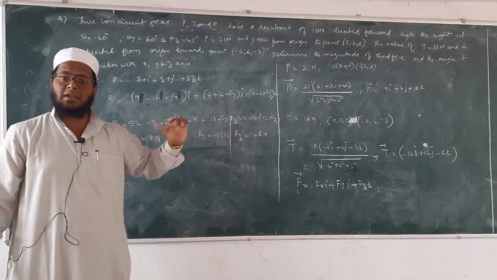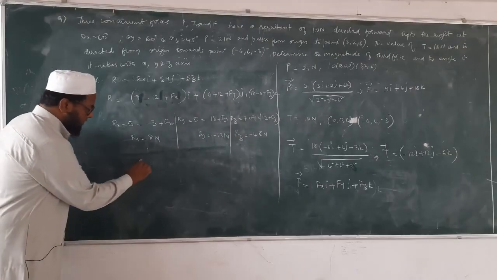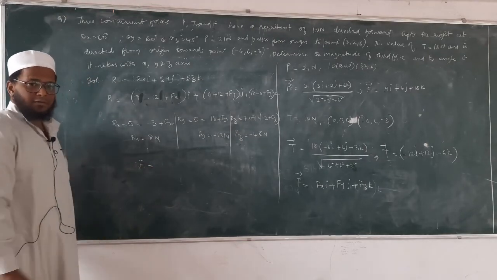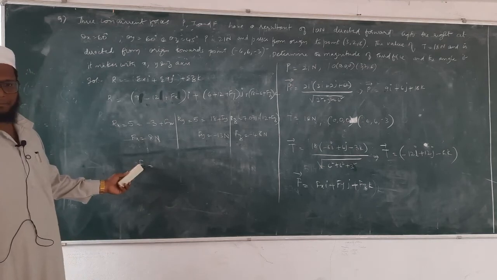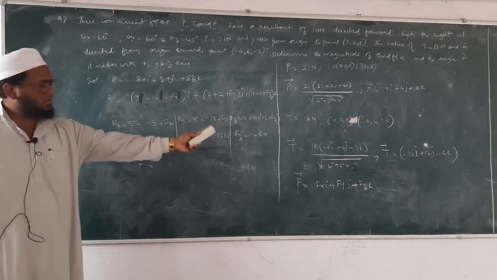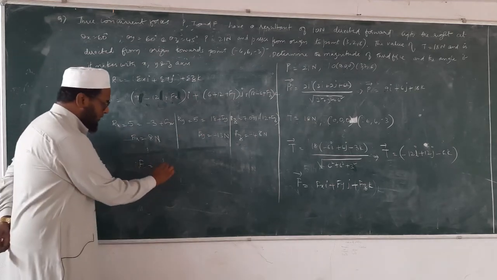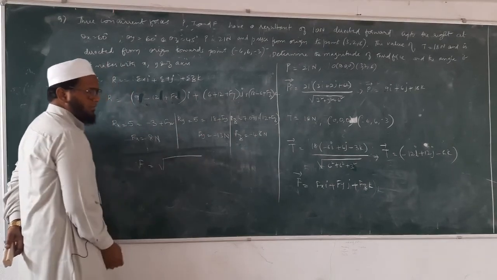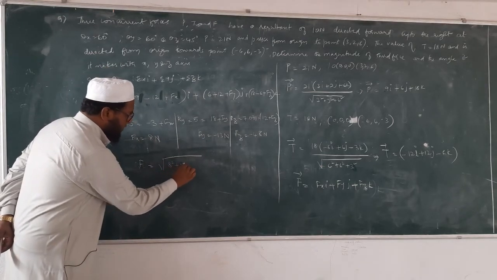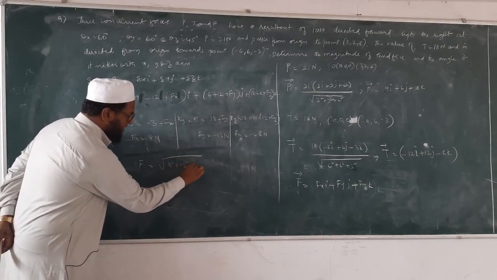Now how to calculate F now? Final value of F is under root 8 square plus 13 square plus 4.8 square.